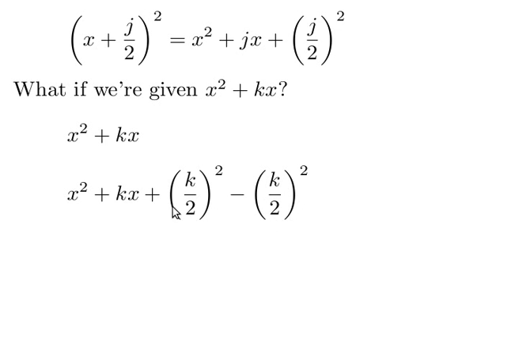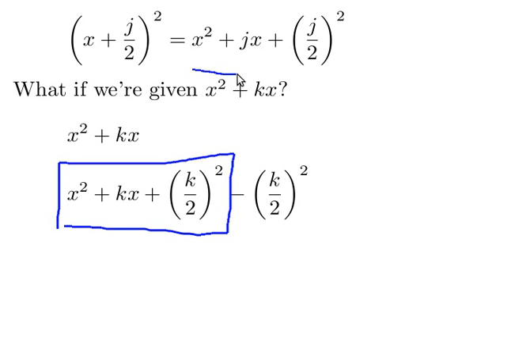The reason is that this is like adding 4 and then subtracting 4, so they cancel out. But we're putting it in there because that way we have something we recognize. We have x squared plus kx plus k over 2 quantity squared. That's exactly like this, except you have k instead of j.